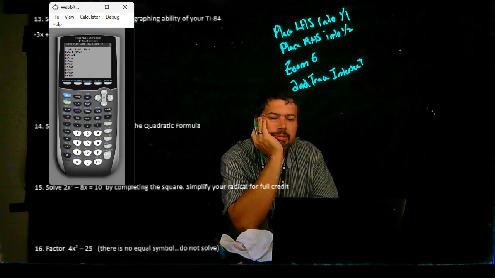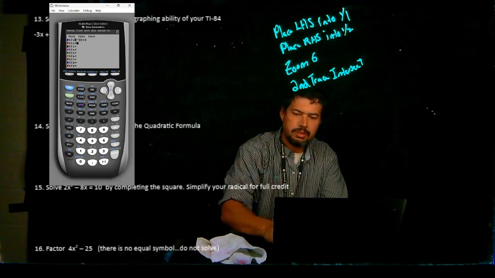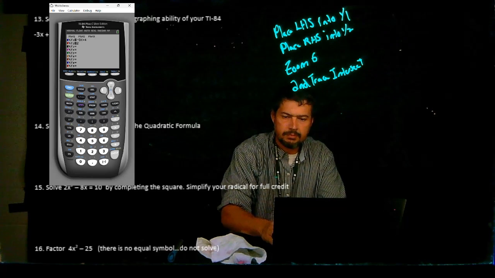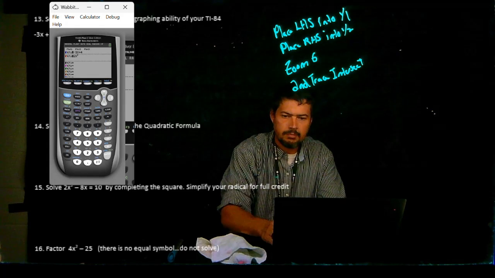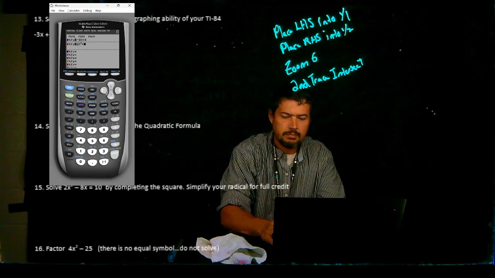What was she again? I think she was 2x to the second plus 2x minus 4. Anywho, so I'm right here now, zoom 6.